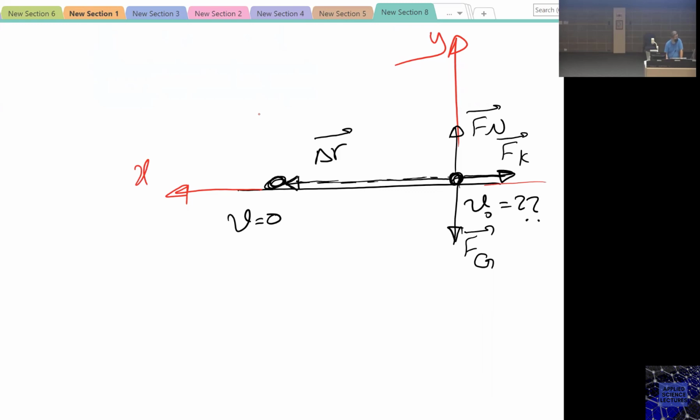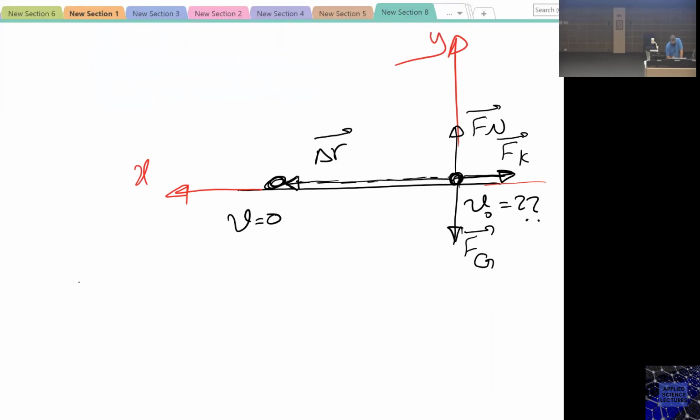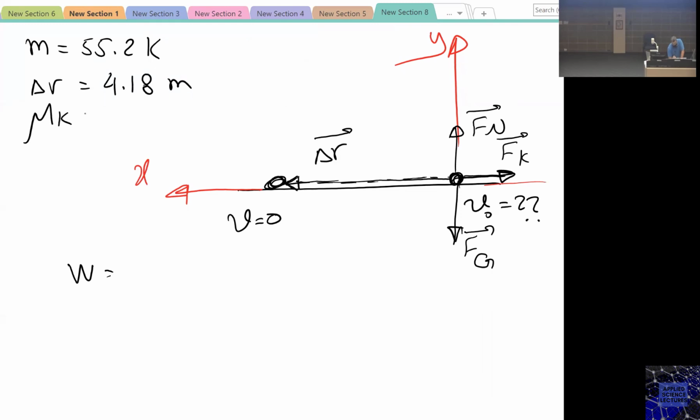I need the work done by the friction on the ice skater, W. Before doing this, let me put what I know. I have mass 55.2 kilograms. I have delta R as 4.18 meters. I have mu K as 0.27.